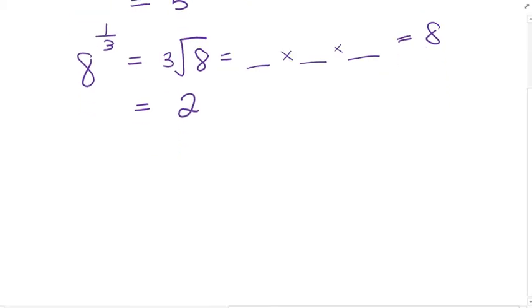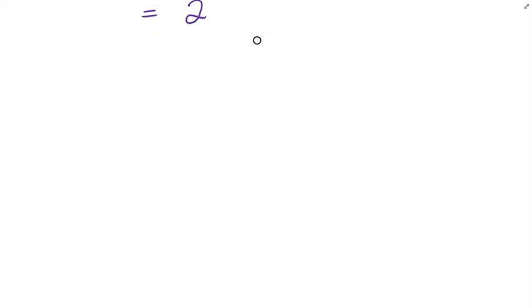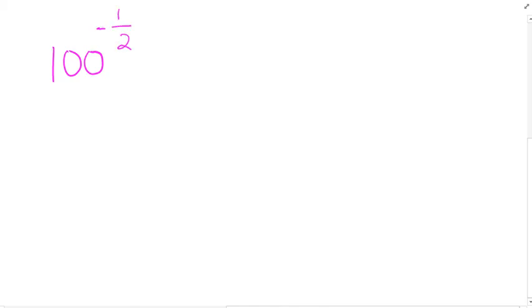Now we just want to look at a few more examples, because the exercise is going to get slightly more tricky in a short space of time. Now, what if I said to you 100 to the power negative a half? This is one that you have to really think about. If we think back to when we did negative indices, we're going to tackle these two components separately. I'm going to break it down for you, one bite at a time.